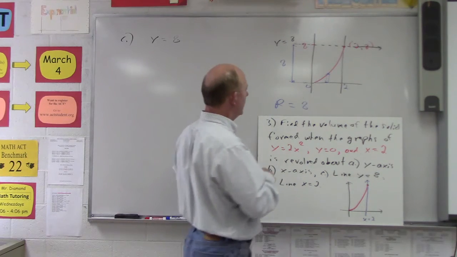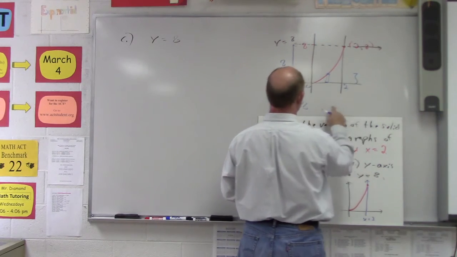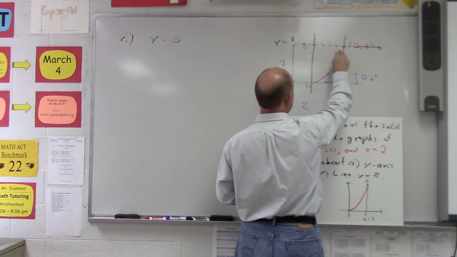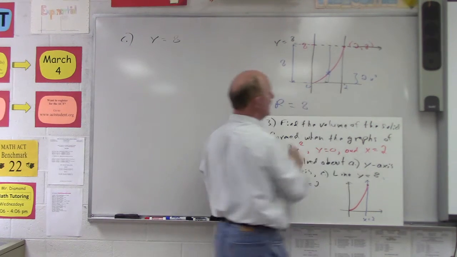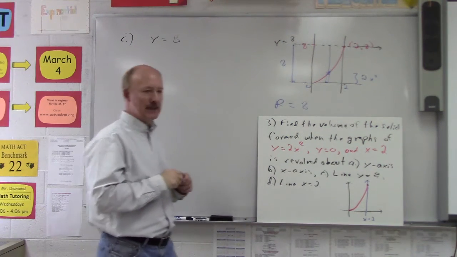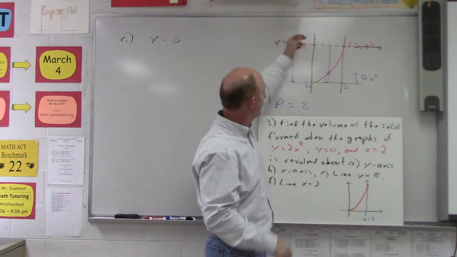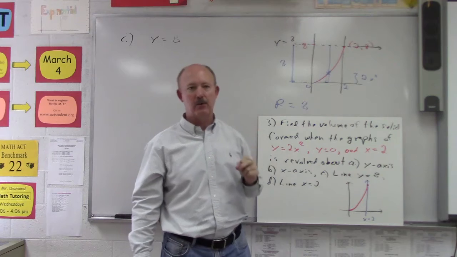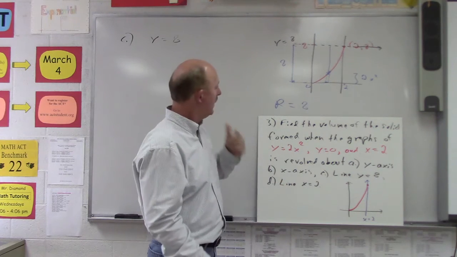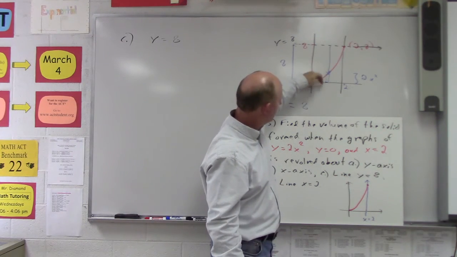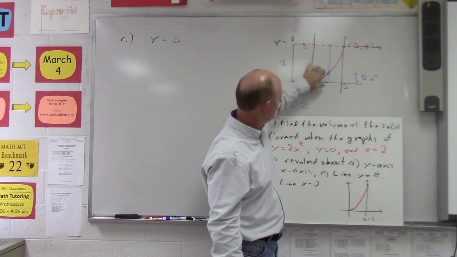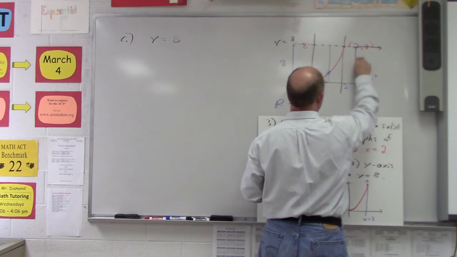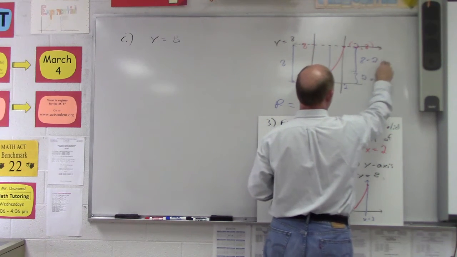Now I know that this distance right here would be 2x squared. What I need is this distance from here to here, and that's going to be our inside radius, the distance from the axis of rotation to the top of that rectangle. The rectangle itself is 2x squared, so the rest of this distance would be 8 minus 2x squared.